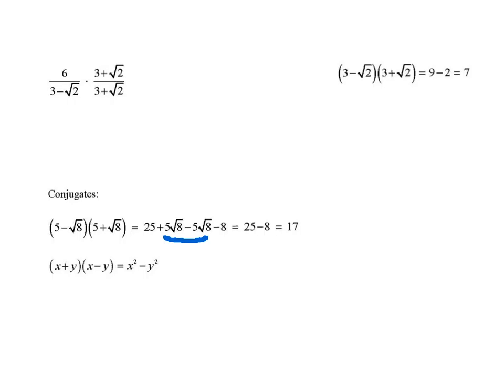Once again, the middle terms will have fallen away, which makes 7. So our new denominator is going to be 7. So our final answer is 18 plus 6 root 2 all over 7.